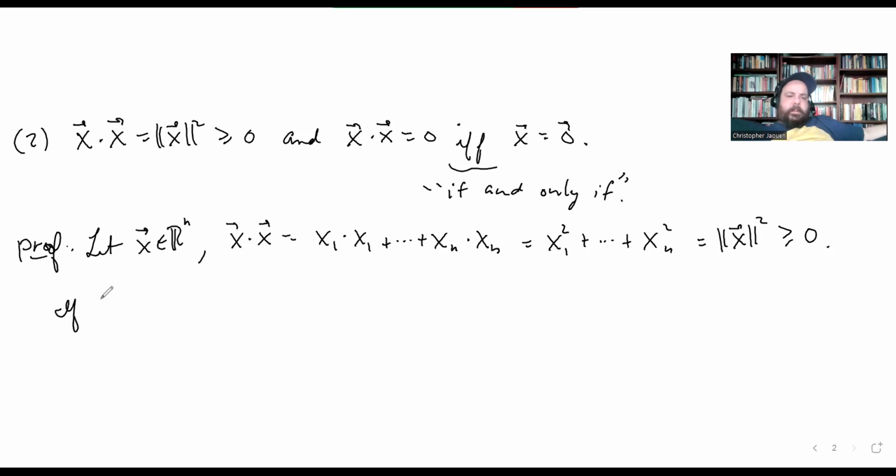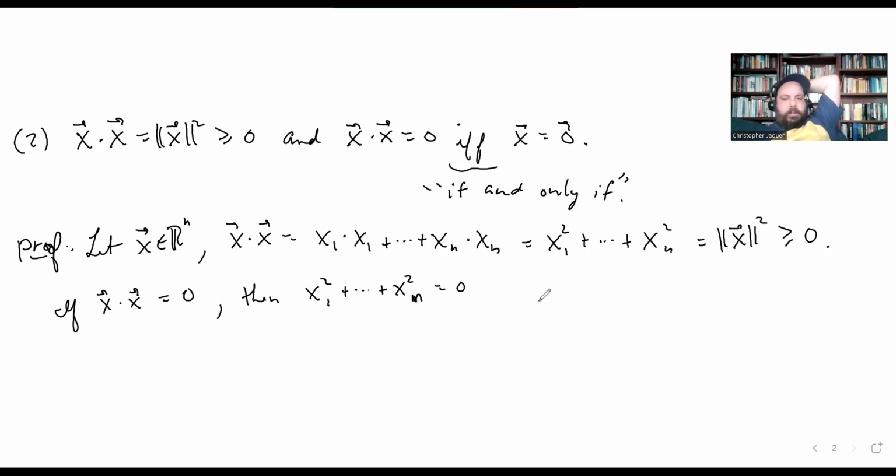if x dot x is equal to 0, then that means x1 squared plus up to xn squared is 0. So the only way that a sum of squares can be 0 is if none of the terms in the sum are nonzero.